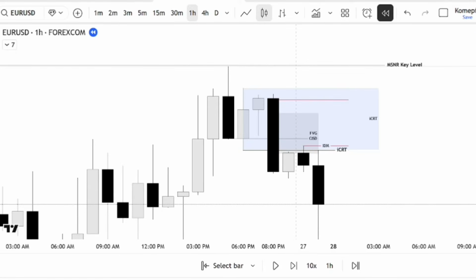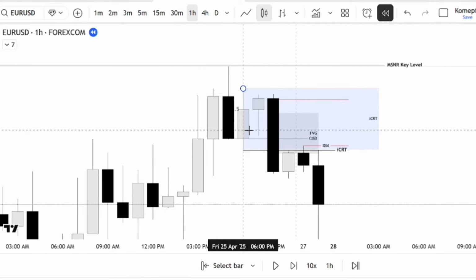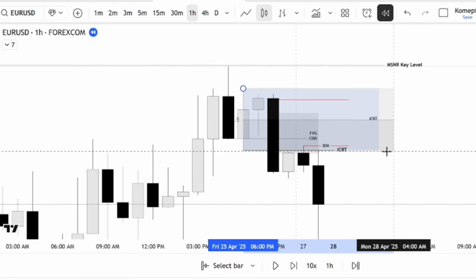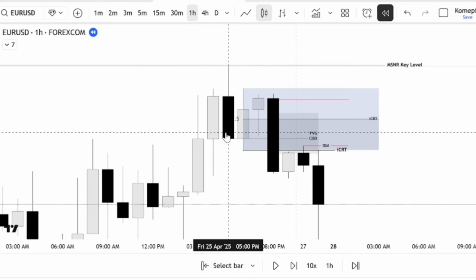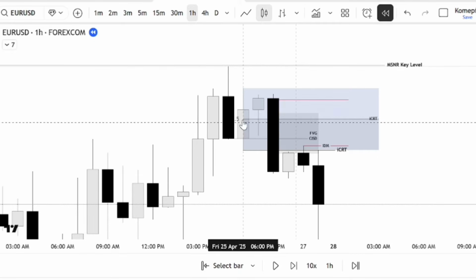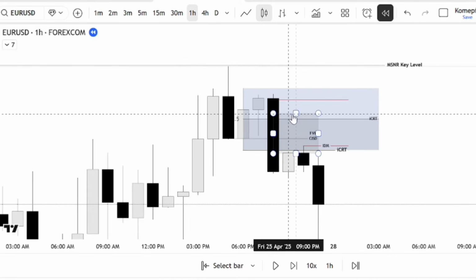Now, take note that usually with iCRT, price can choose to use the wick, the 50%, and even towards the closure of that candle. So in this case, which key level is closest to that, at premium level? Remember, we are selling, so we need to pick from the premium level.